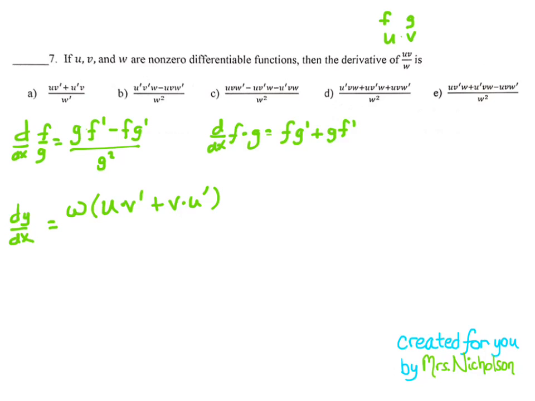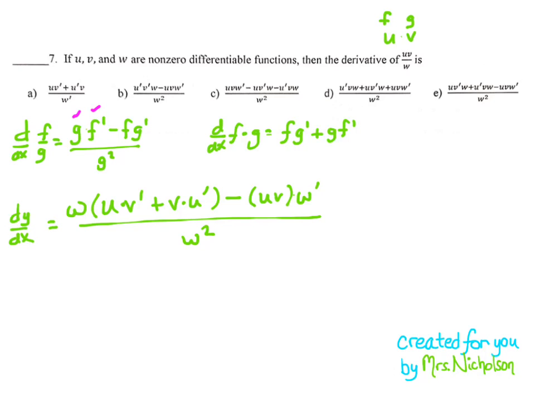And all of that together is the f prime in my quotient rule. So I've done g f prime, so now I'm at minus f, which is u times v, times g prime, which would be w prime, and all of that over w squared.